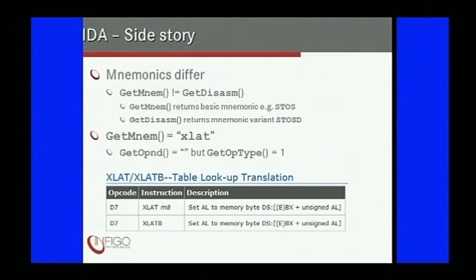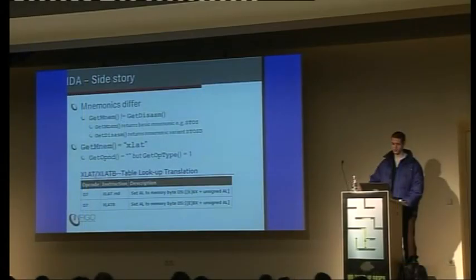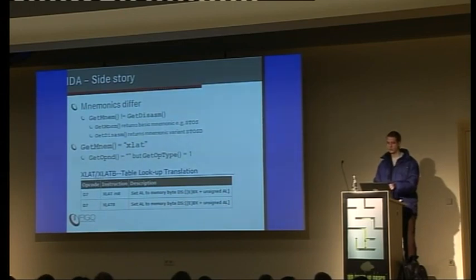A special example of this is get name for the xlat instruction. Xlat has two syntaxes. The first has an associated operand, as noted in the opcode, so you can pass it some operand and you will have the assembly that says xlat m8. Another view is to use a different syntax. This is xlatb. This instruction has an associated hidden operand.